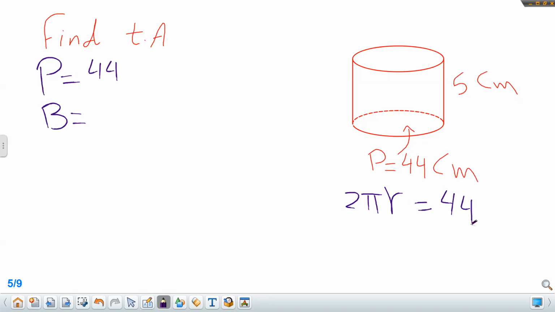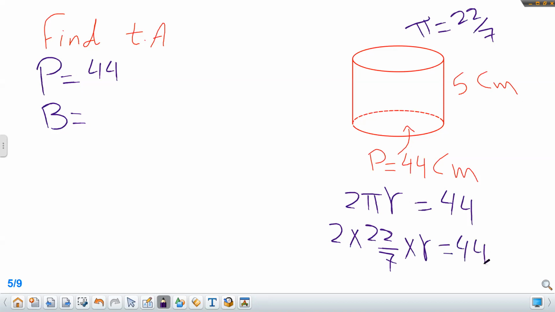And how to find the radius here? You know that pi equals 22 over 7. You can substitute by it. 2 times 22 over 7 times radius equals 44. If you multiply 2 times 22, it will be 44.